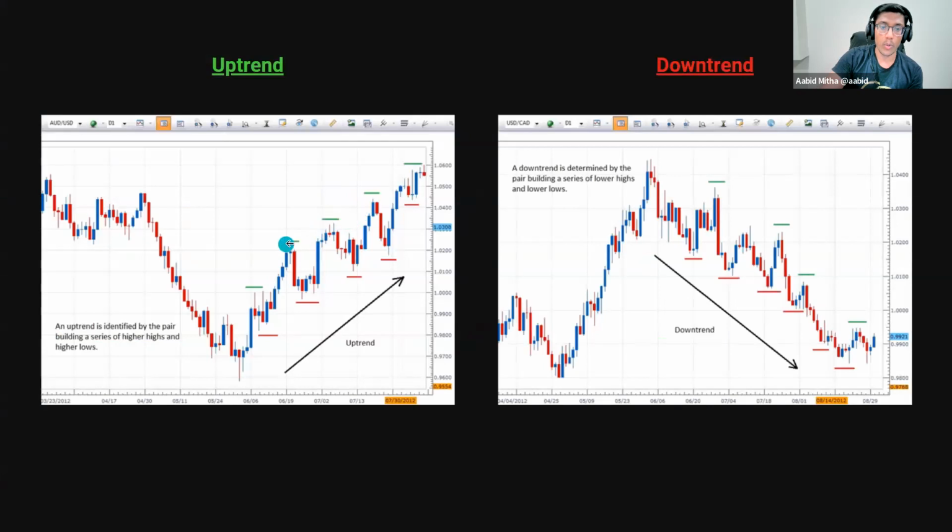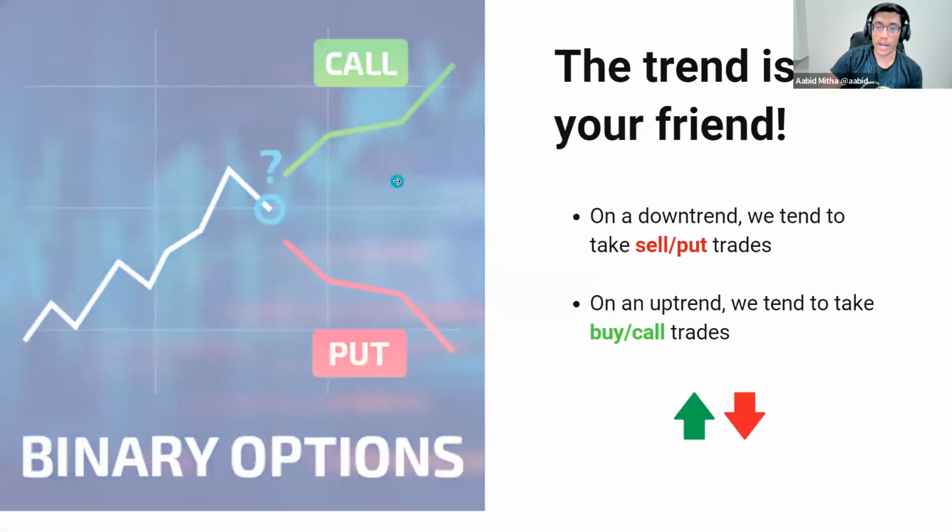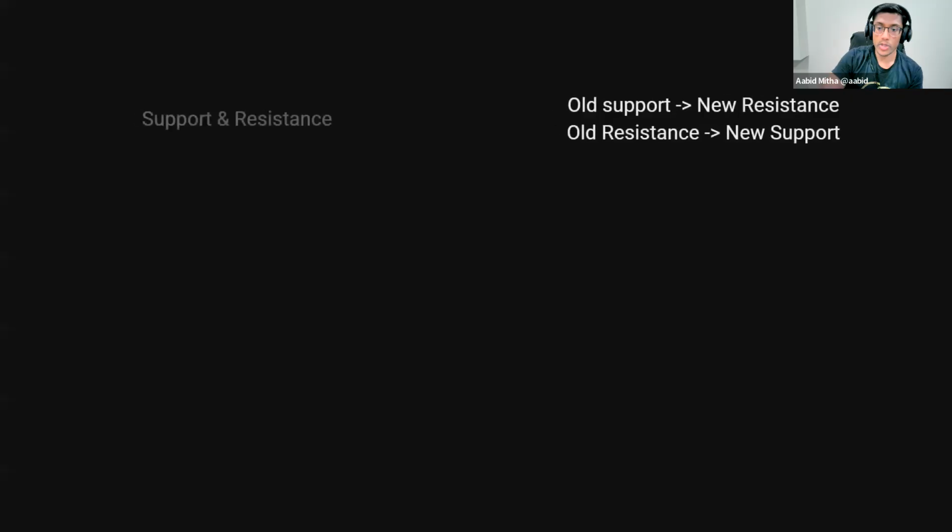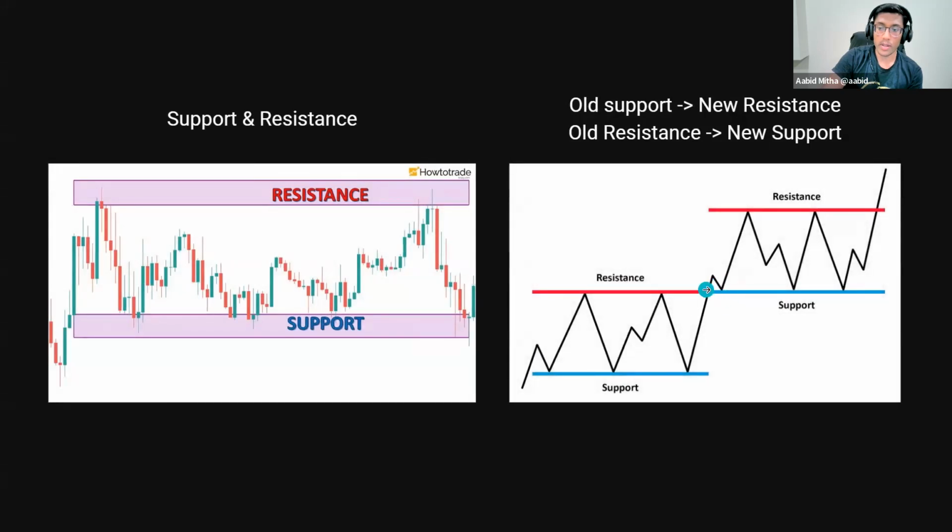In an uptrend, we have higher highs. So that's what's going to happen in this scenario, where there's going to be a lot of people buying that currency exchange rate, and it's going to push it past the resistance level and break it.